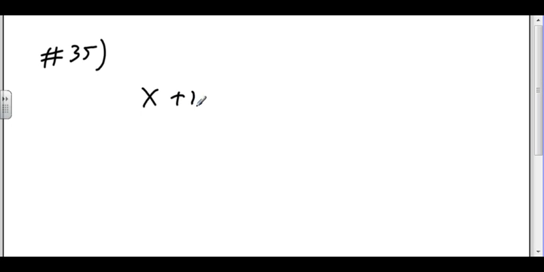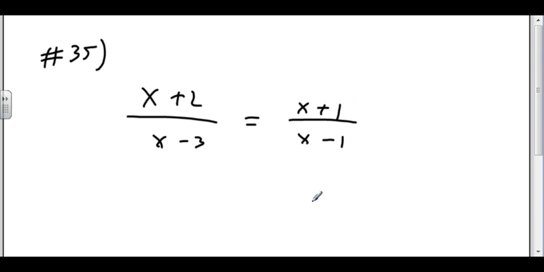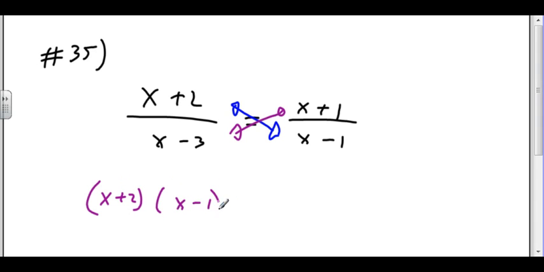x plus 2 over x minus 3 equals x plus 1 over x minus 1. I think we'll just cross multiply. So I've got x plus 2 times x minus 1 has to equal x minus 3 times x plus 1.